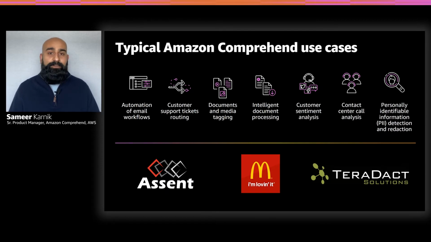So for example, you might have a generic inbox called info@company.com. As emails come in, you can understand which inbox that needs to go to, or if you need to take some automated actions. The second use case here is customer support ticket routing. This is getting very popular right now.